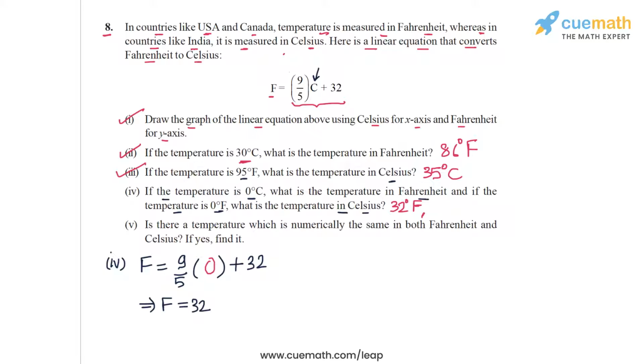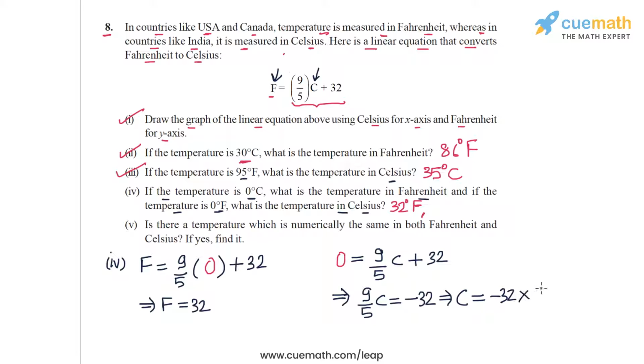And now let's solve the other part. If the temperature is 0 degree Fahrenheit, we will substitute in the FC equation, this time, F equal to 0. So we will get 0, which is the value of F, equal to 9 by 5 C plus 32, and from here we will find the value of C. So we will get 9 by 5 C equal to minus 32, or we will get C equal to minus 32 into 5 divided by 9.